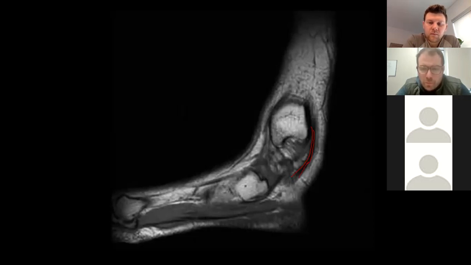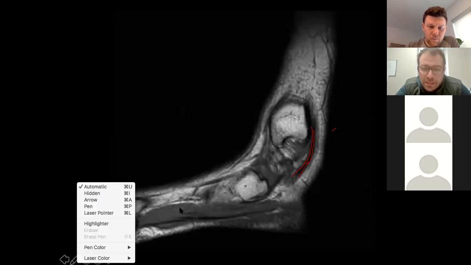Which is one of the things we identified Friday with the cadaver. So that posterior tibial tendon runs directly through that posterior portion of the medial malleolus. So it's very easy to find that tendon as it runs down, right?